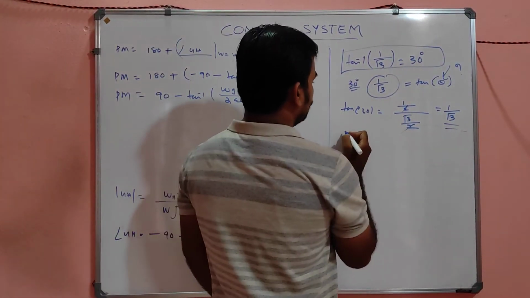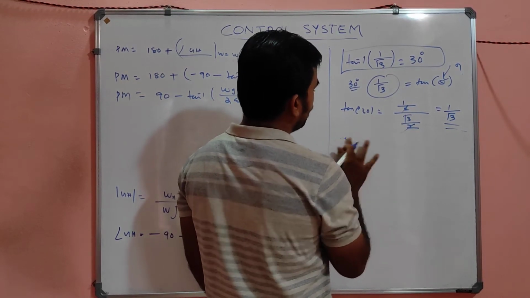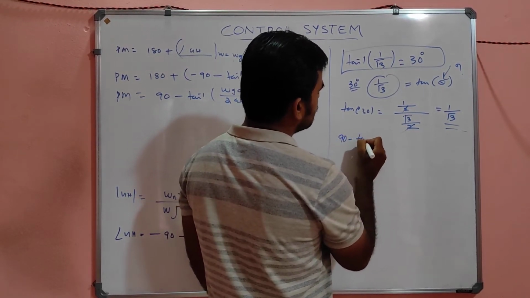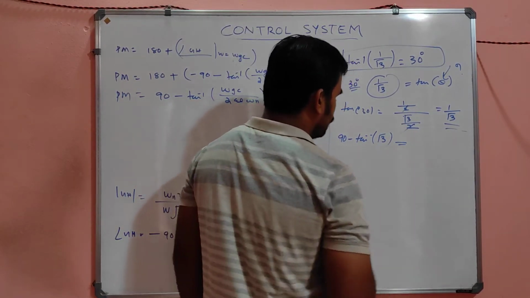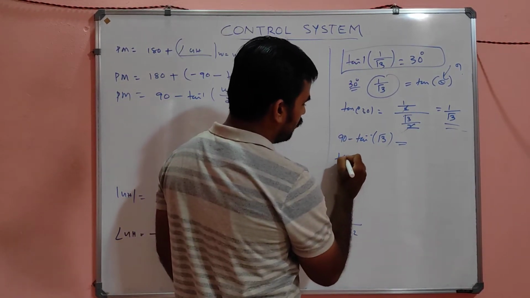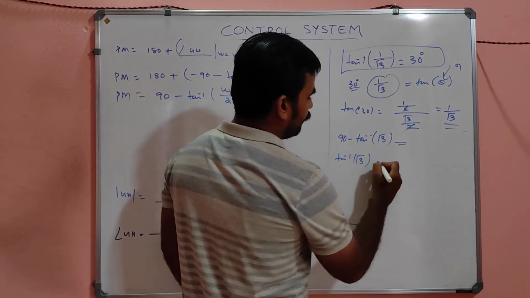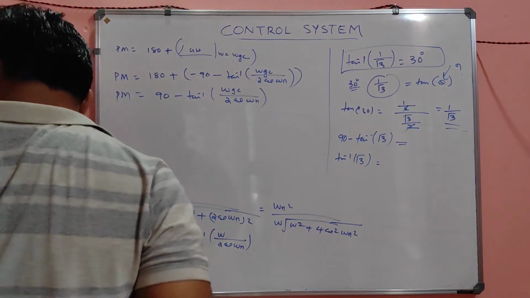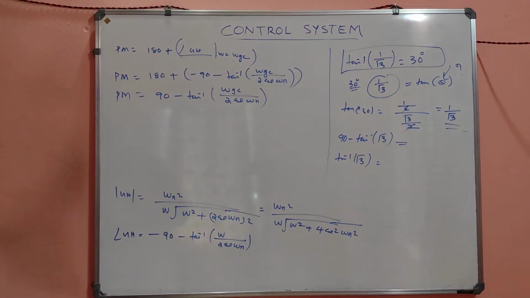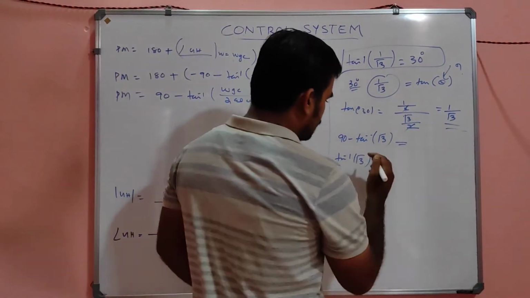And what is 90 minus tan inverse root 3? That you have to find. So what is tan inverse root 3? You have to find it first.